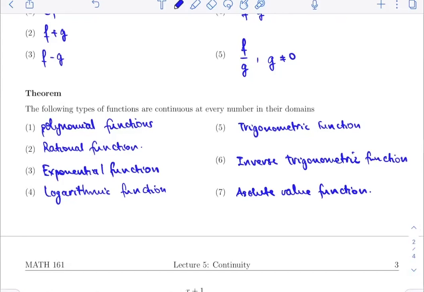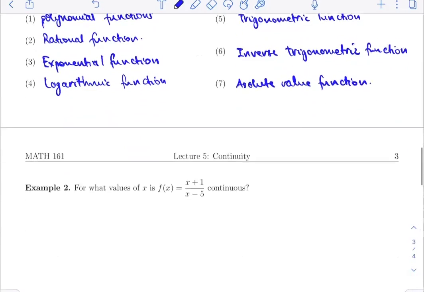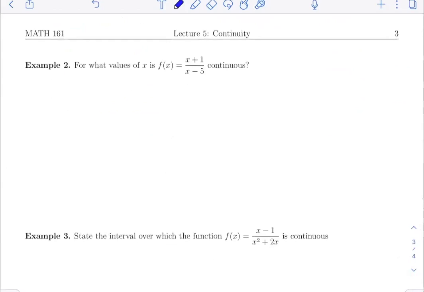Now let's take a look at the following example. In this example, they ask for what values of x is f of x equal to x plus 1 over x minus 5 continuous. So this is a rational function. And the first thing you need to do when you see a rational function is to find the domain of the function. And remember, for rational functions, the denominator cannot be equal to 0. So x minus 5 cannot be equal to 0, which implies that x has to be different from 5.